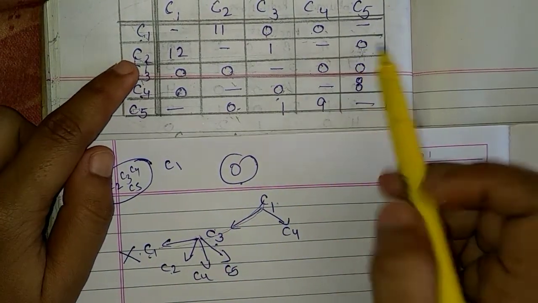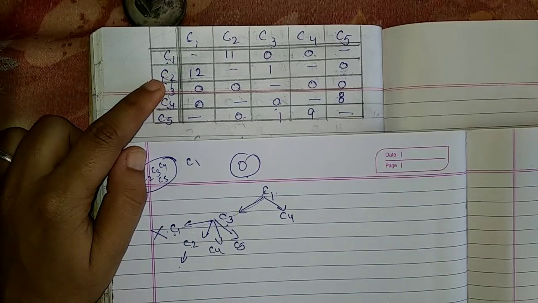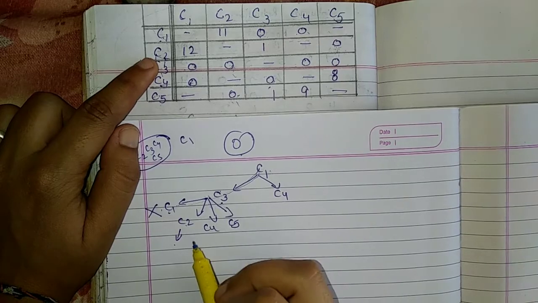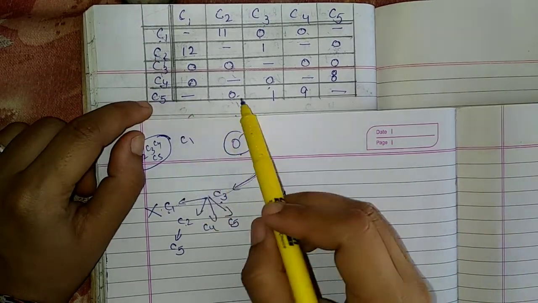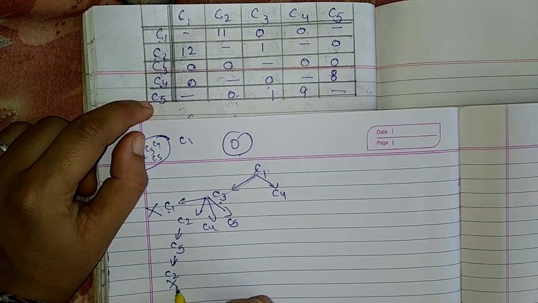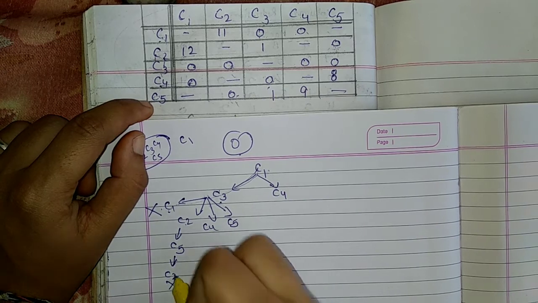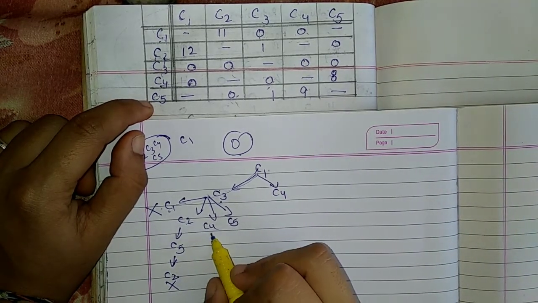C2. In C2 there is only 1 zero, at C5. At C5 there is only 1 zero, at C2. This is an unfavorable path because the salesman already covered C2 here. C4.